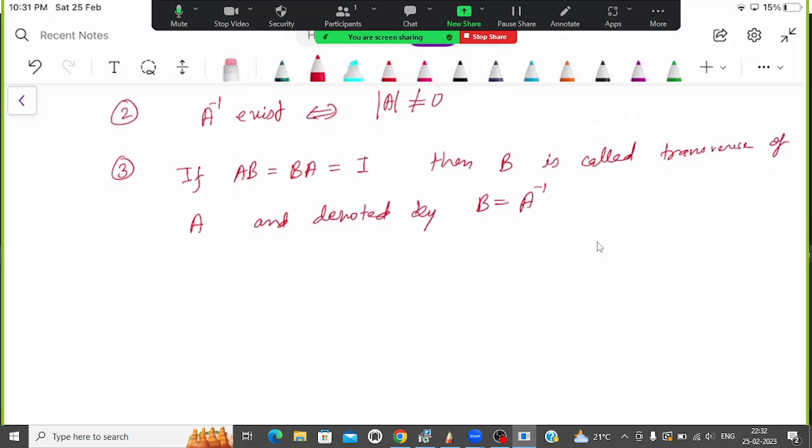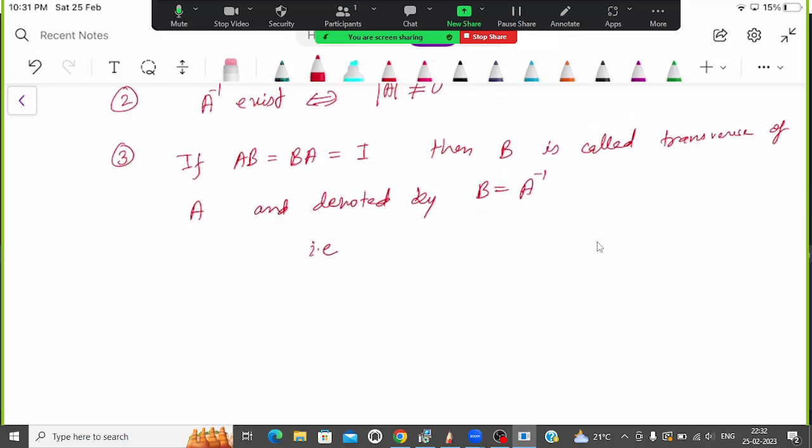That is, if matrix A multiplied with inverse of A, and inverse of A multiplied with matrix A, then we get I. Okay, this is the third property.